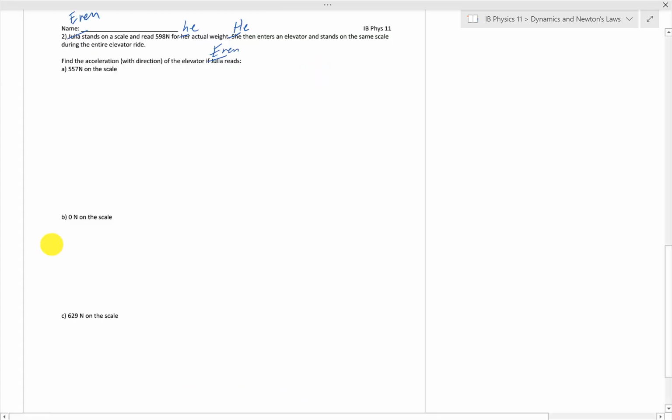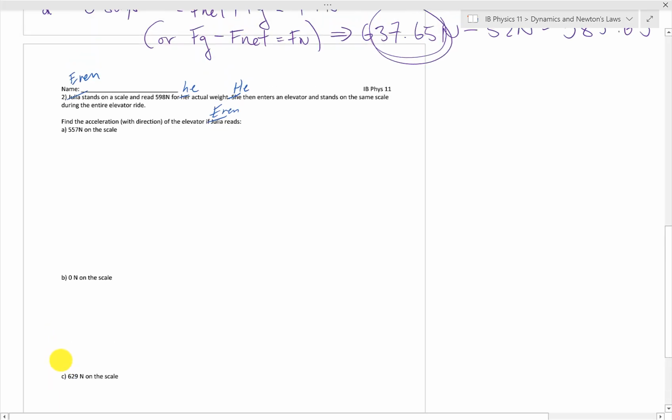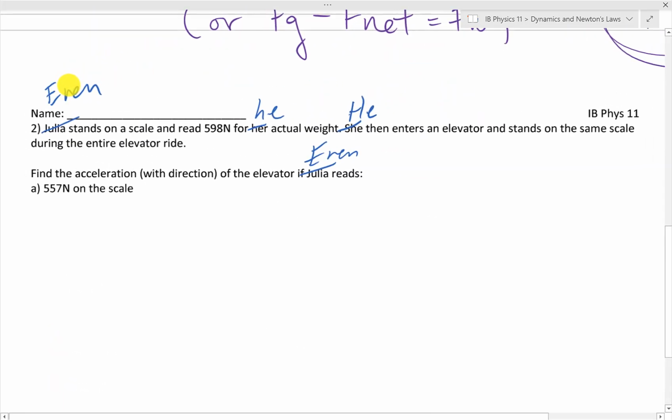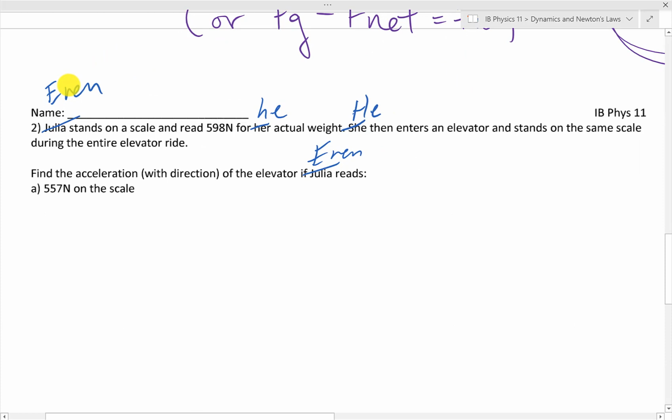So again, in this problem, there's A, B, and C. I'm going to do A and B, and you will have a chance to try C. But this time, the question will be a little bit different. Eren stands on a scale and reads 598 newtons for his actual weight. Okay, so this is FG.